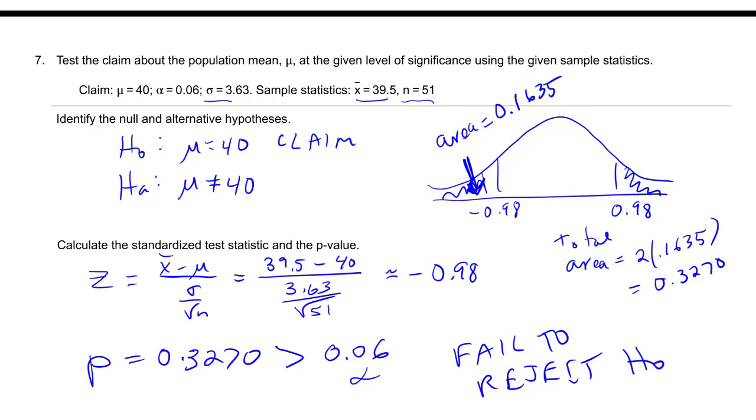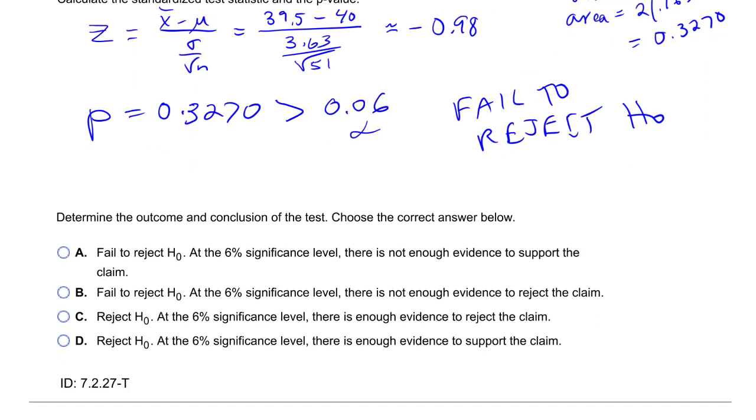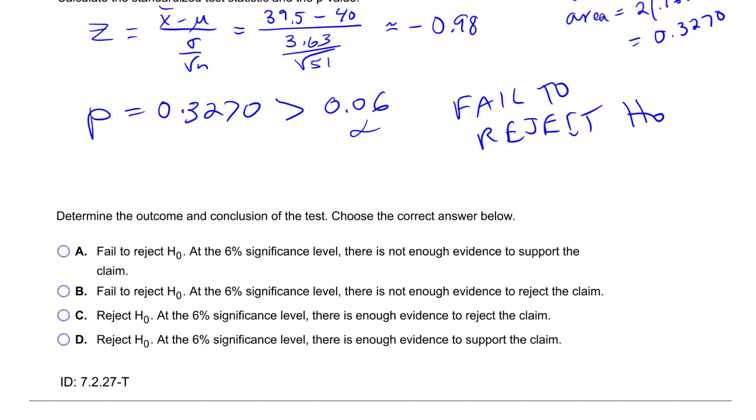As far as the rejection mode is concerned, I did not have enough evidence to reject the claim. So I failed to reject H0. At the 6% significance, there is not enough evidence to reject the claim.